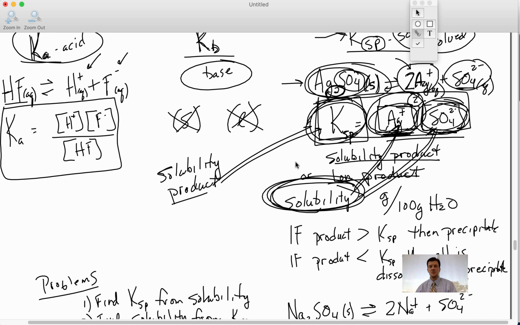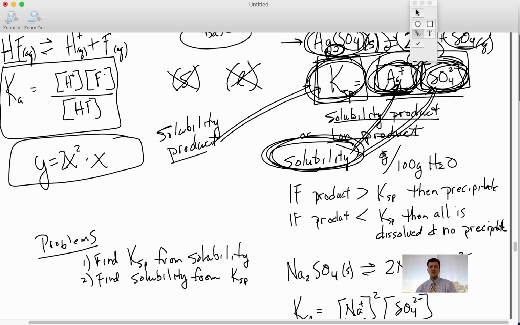So it's a simple equation. It's like y equals, x is the solubility of the silver here, but that's going to be squared, maybe times 2, and then this x is the solubility of the sulfate. So you'll see it's a simple equation that has just two variables in it. You'll see as we work it through. Solubility is usually measured in a certain number of grams that dissolves in 100 grams of water, just so you know.